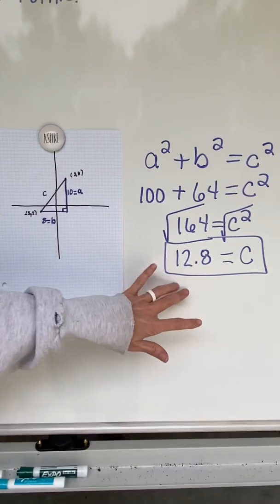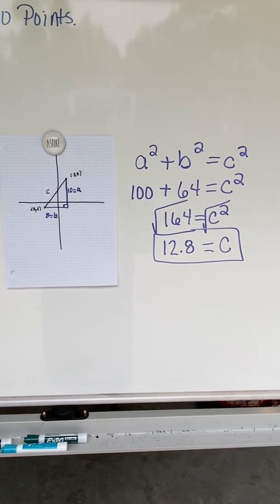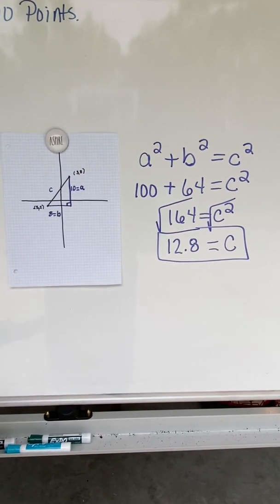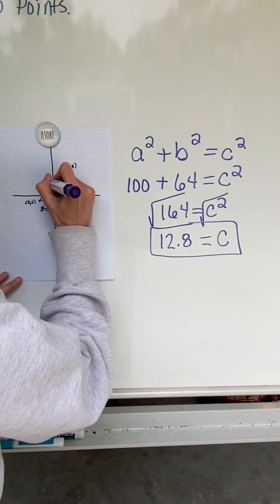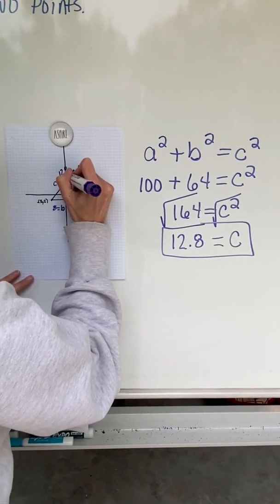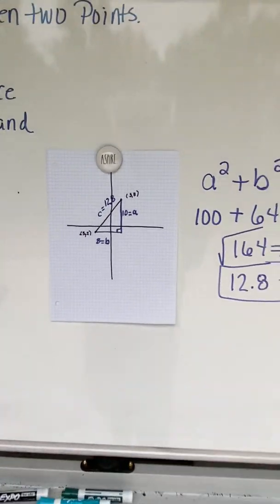So when you find that distance, you actually solve for that diagonal line, and that's the same as the hypotenuse. Also remember what we talked about in earlier lessons, your hypotenuse has to be the longest side. So if we find that that is 12.8, that is going to be the longest side if the other two legs are 10 and 8.